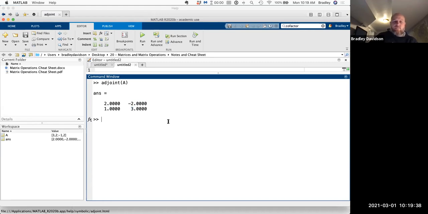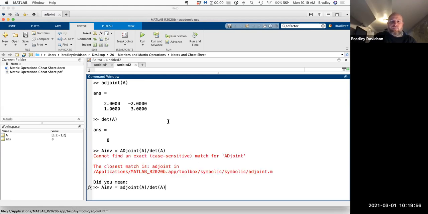And then by taking the determinant of A, we get 8. So this looks great.